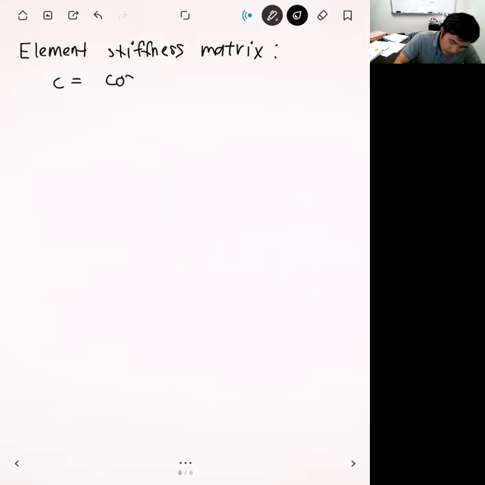And I'm going to use shorthand notation here. I'm going to use the letter C to denote cosine theta, and the letter S to denote sine theta. Okay. And so the element stiffness matrix is equal to AE over L.